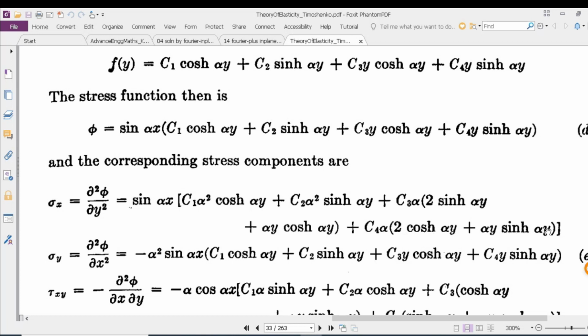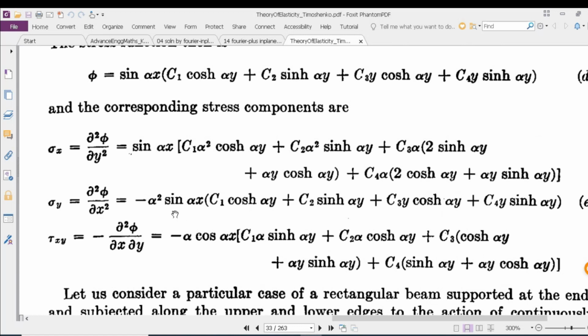sine hyperbolic alpha y. Sigma y comes out to be minus alpha square sine alpha x small bracket c1 cos hyperbolic alpha y plus c2 sine hyperbolic alpha y plus c3y cos hyperbolic alpha y plus c4y sine hyperbolic alpha y.